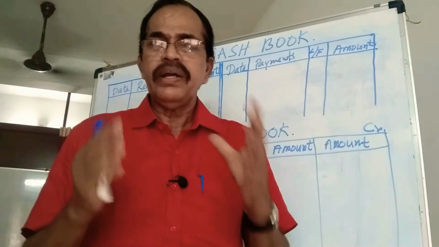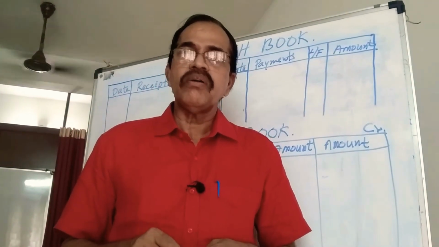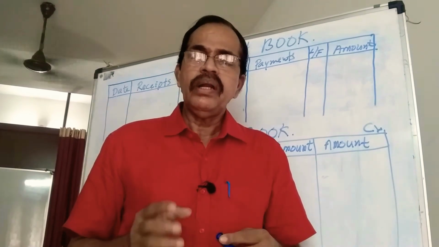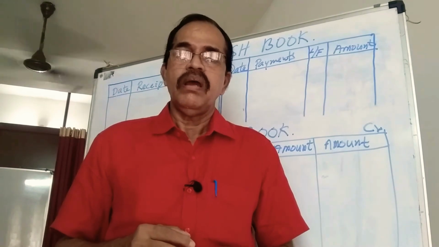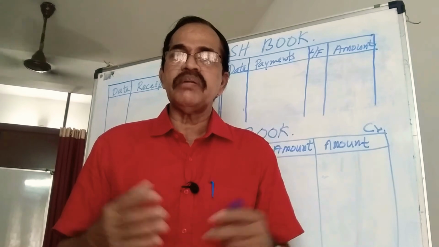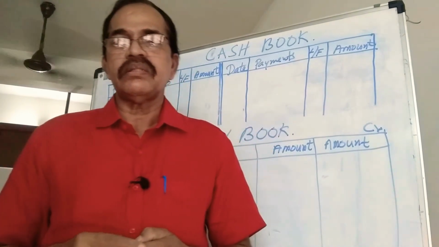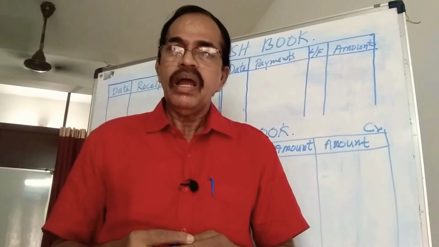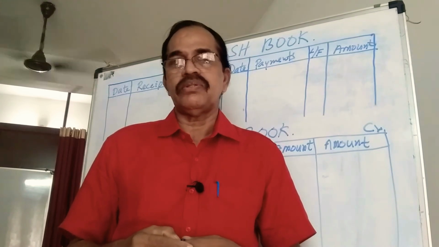Thus we find that the double entry accounting system is very costly. Only large scale business organizations can install this accounting system in their business. Small business concerns cannot install this costly accounting system.